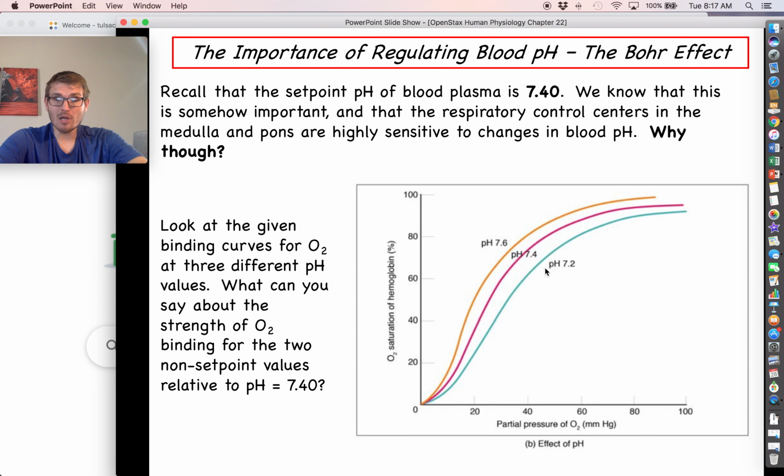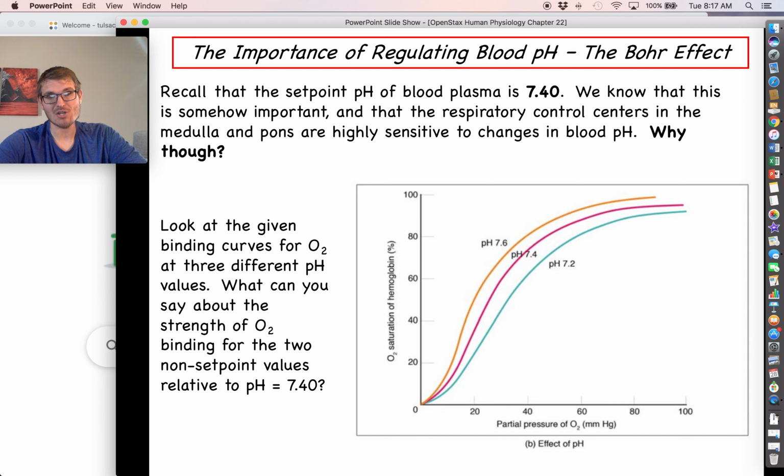So if you look at these dissociation graphs, the pink one or the purple one right here is what things are supposed to look like all the time. The way dissociation graphs basically work is if you move the graph to the left, that means that whatever is doing the binding here, as in hemoglobin, the affinity starts to go up.